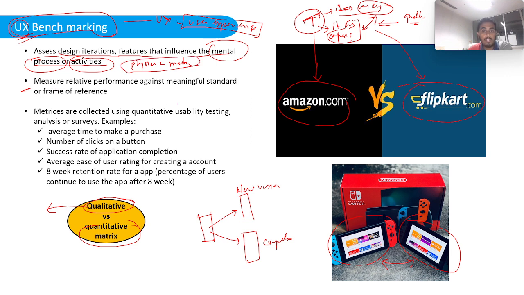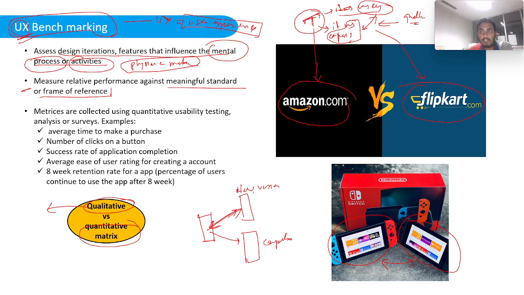Now, we need to have some sort of standard, a meaningful standard or frame of reference to compare against. When we are comparing two versions of the same product, the standard frame of reference we have is the previous one.